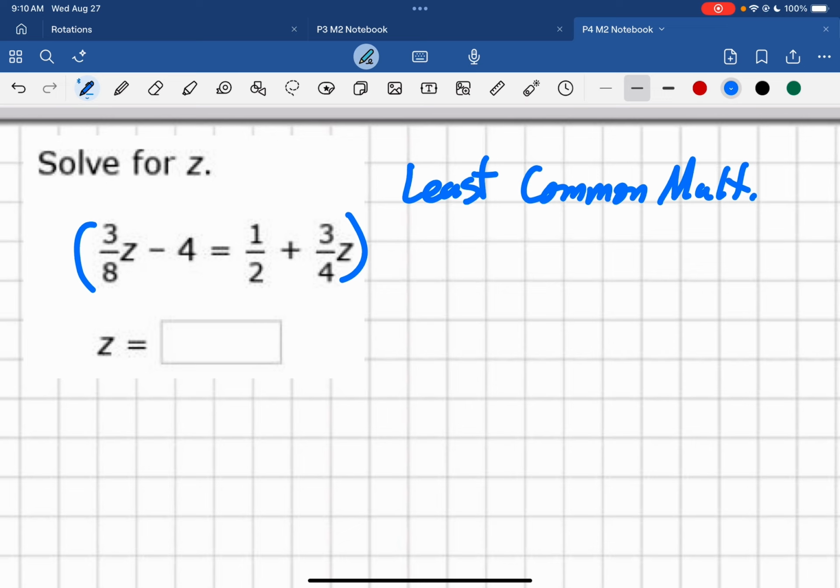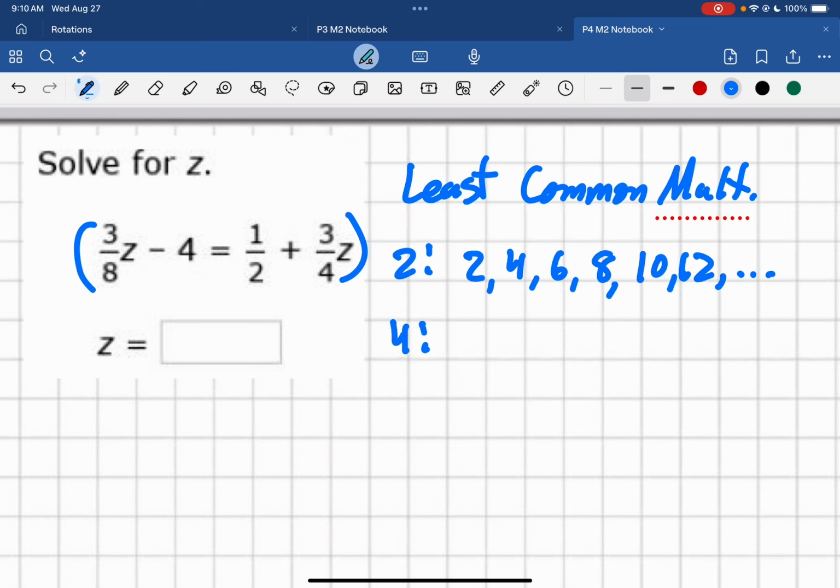Well, multiples of 2 would be 2, 4, 6, 8, 10, 12, and it keeps going. Multiples of 4 would be 4, 8, 12, 16, and we can keep on going. And multiples of 8 would be 8, 16, 24.